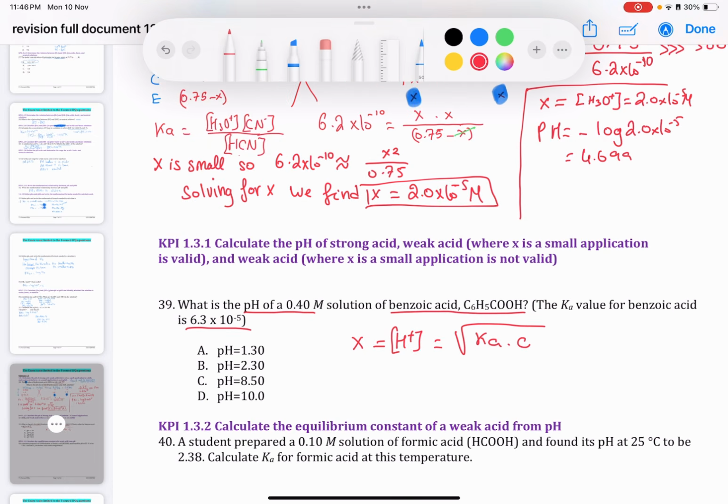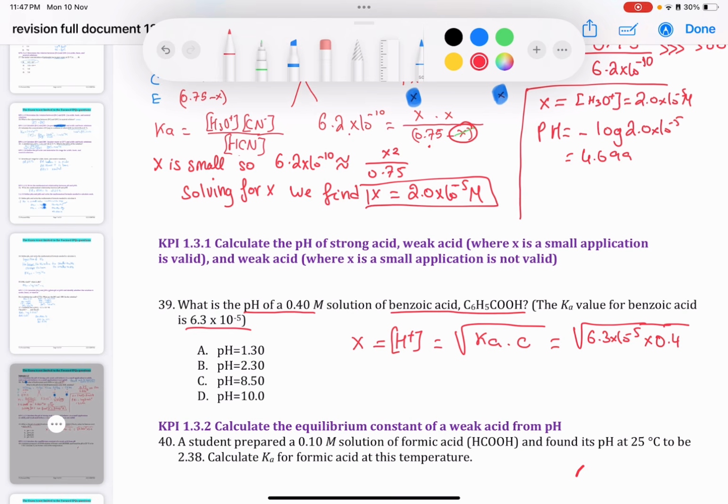You just take it from here. After ignoring this x, the Ka multiplied by the concentration is equal to x squared. So there is a fast formula that I can use only in multiple choice questions because I don't have to show my work. So in this case, it is the square root of 6.3 times 10 to the power negative 5 multiplied by the given concentration.